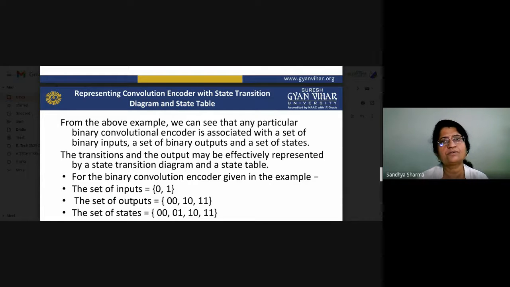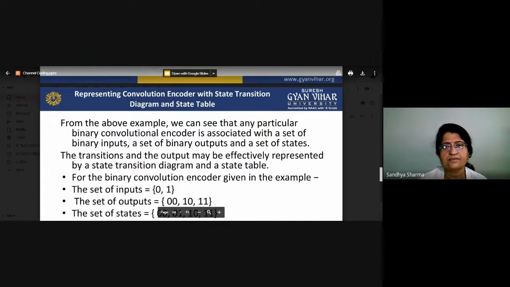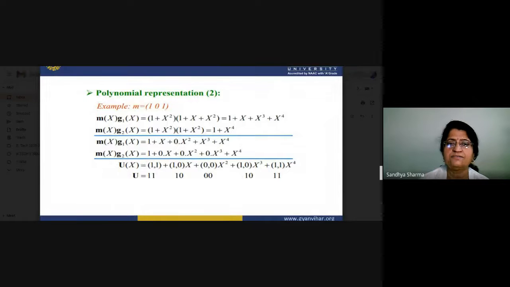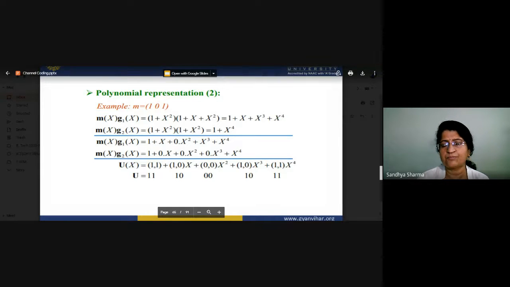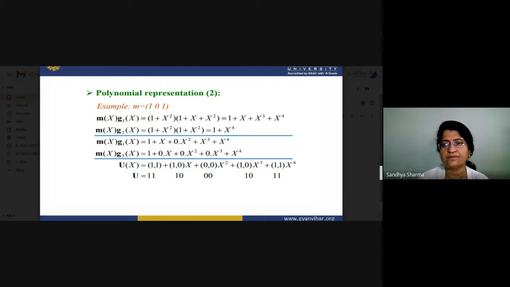The other way is to convert your inputs into the corresponding polynomial form, and then calculate the value of m(x)g1(x) and m(x)g2(x). After representing it in polynomial form, you make a pair of the same polynomial order: the x coordinates are 0 and 1, the x square coordinates 0 and 0, then the x cube coordinates.